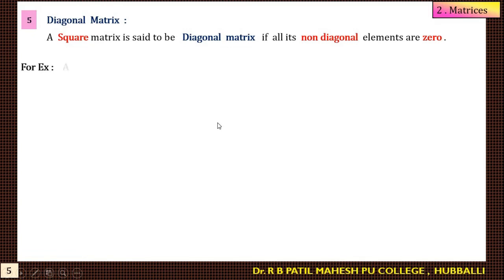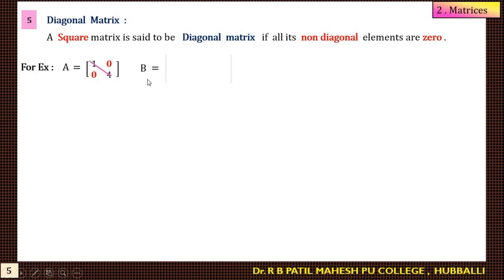For example, let A is equal to matrix 1 0 0 4. Here you can see that the non-diagonal elements in this matrix are 0, and diagonal numbers are 1 and 4. So therefore this matrix is a diagonal matrix.